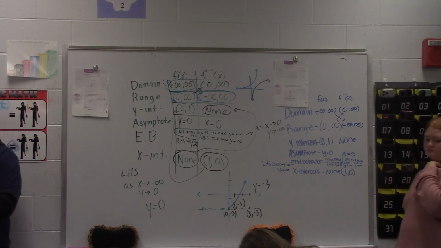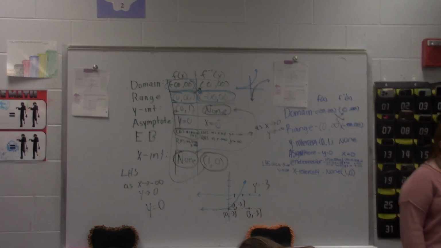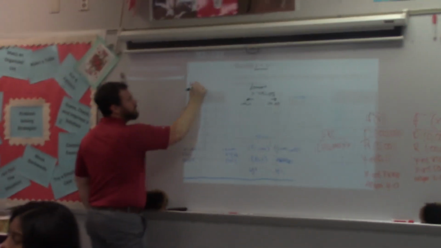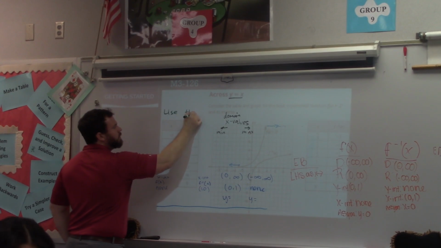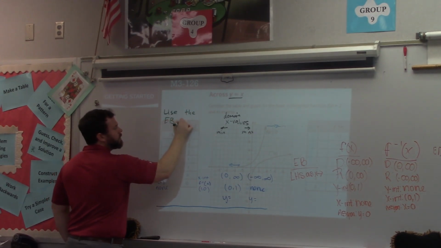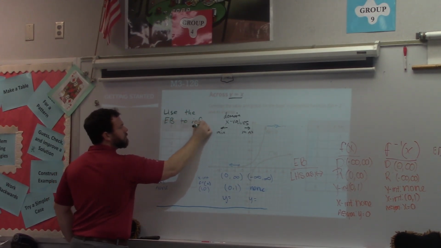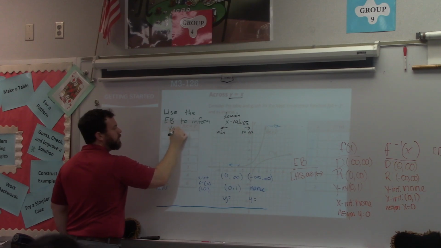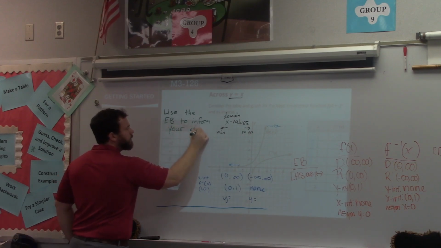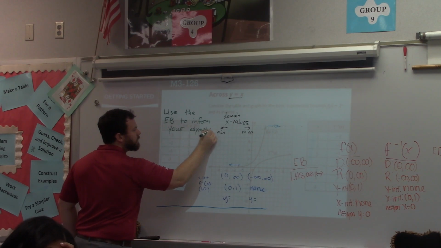Okay, let me say that one more time, and I want you to take the time to write the notes you need to about these features, ask some questions, but use the end behavior to inform your asymptotes. They are very heavily connected.